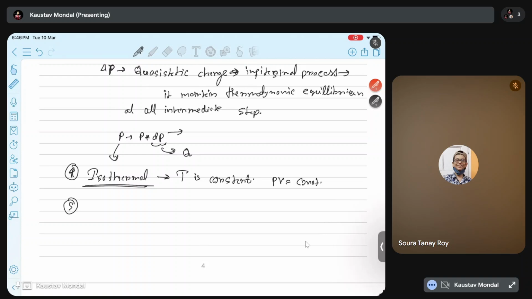Next is the adiabatic process. This is different from isothermal. Adiabatic means no heat exchange.